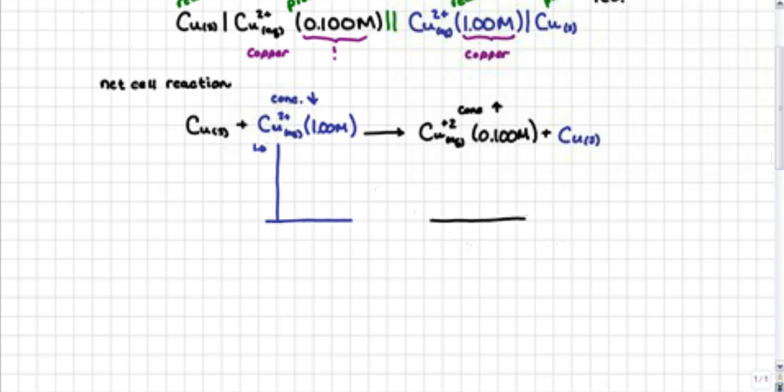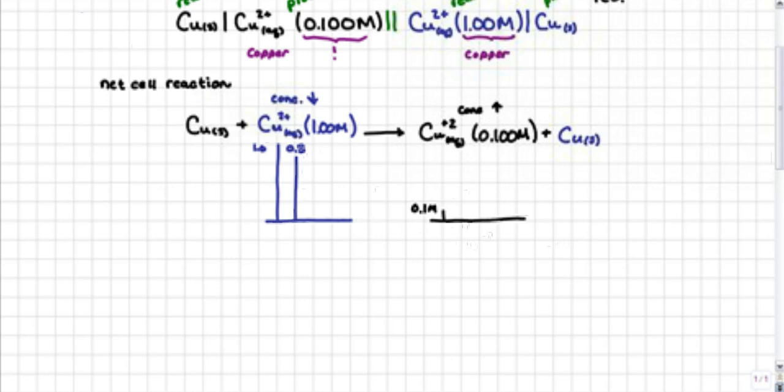And on the right-hand side, the concentration of the copper ions starts out at 0.1 molar. Again, we have a lot of reactant and not very much product. And in fact, what will happen is the reactant will be used up. And a moment later, the concentration of the reactant may have actually been decreased to 0.8 molar.